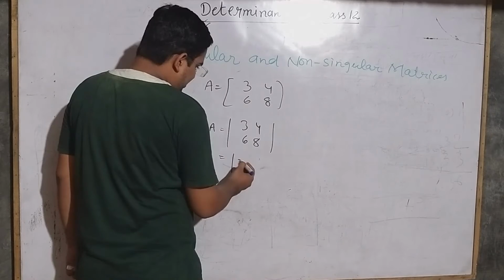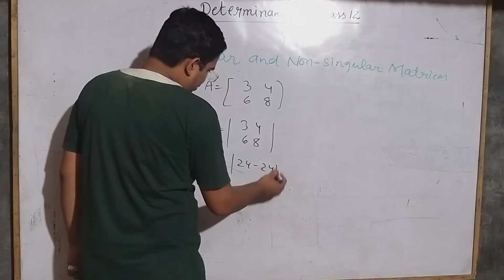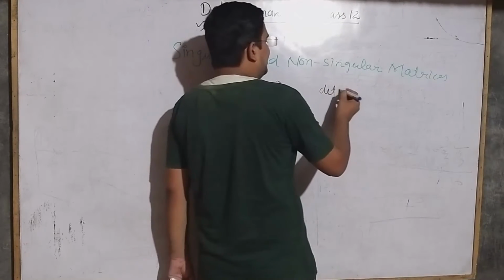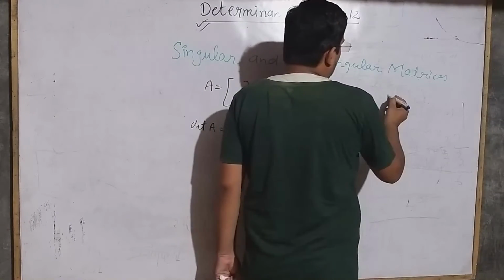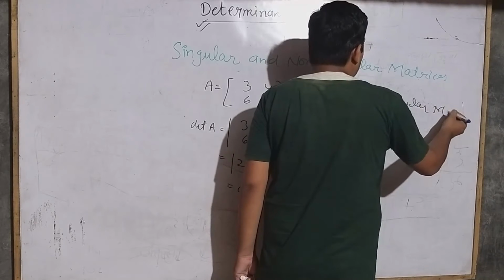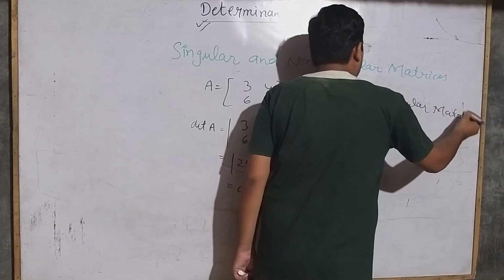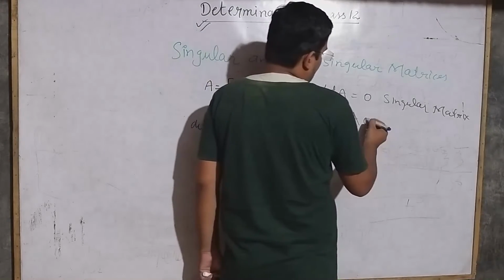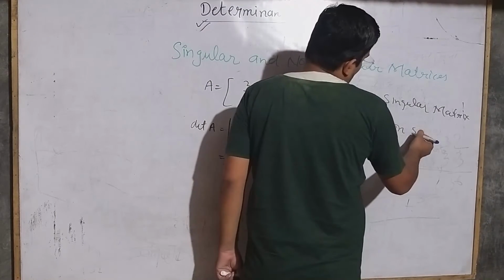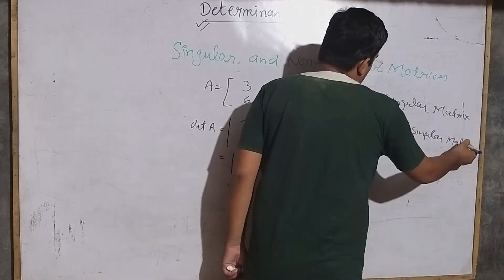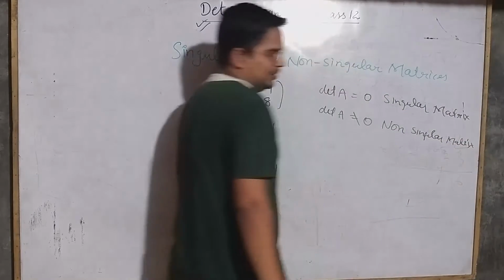Now we will do the multiplication. 8 times 3 is 24, 6 times 4 is 24. 24 minus 24 becomes 0. So if the determinant of A is 0, you will say this is a singular matrix. And if the determinant of A does not equal 0, you will say it is a non-singular matrix. I hope all of you are getting my point.